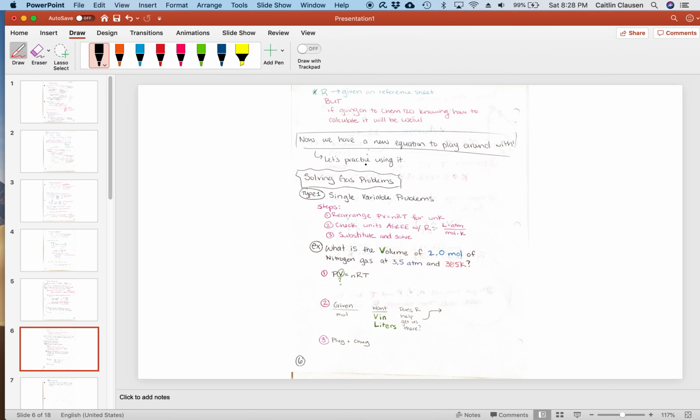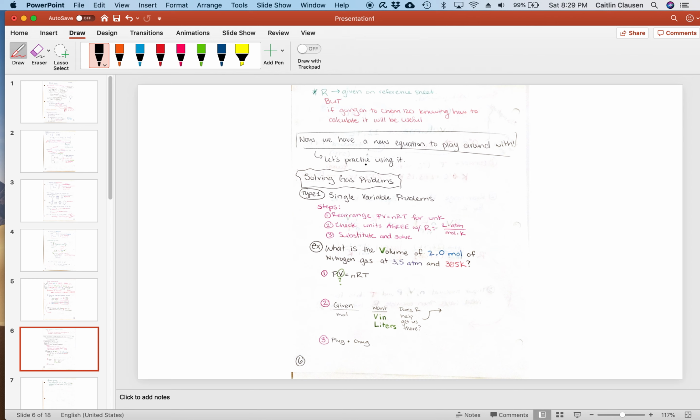figure that out. So the steps of any problem that you're given with the gas equation: you're going to want to rearrange the gas equation for whatever you're looking for, your unknown, and then you're going to want to check that the units you are given to work with actually match up with the R value.